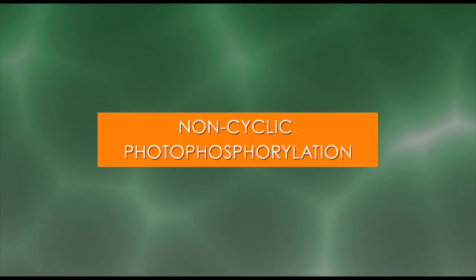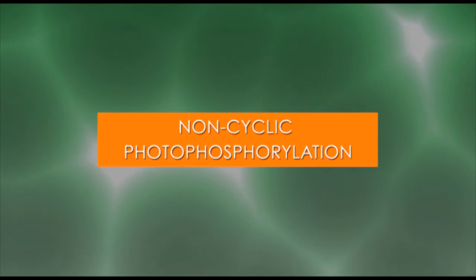So now let's come to non-cyclic photophosphorylation. In cyclic photophosphorylation, electrons cycle from bacterial chlorophyll to a series of electron carriers and eventually back to bacterial chlorophyll. There is theoretically no net loss of electrons and they stay in the system.